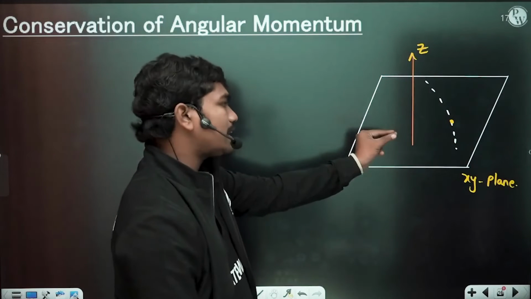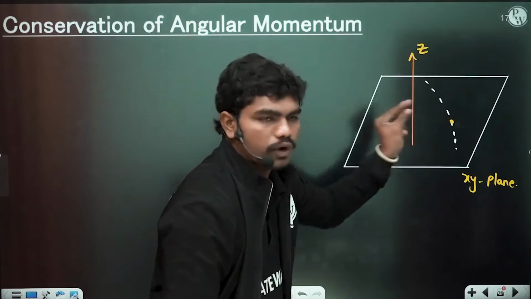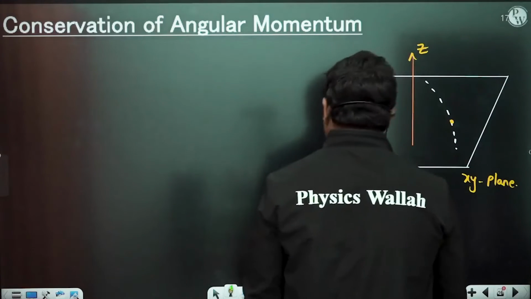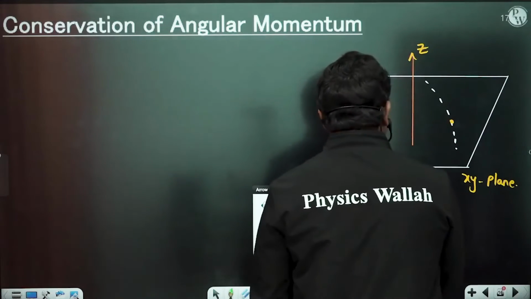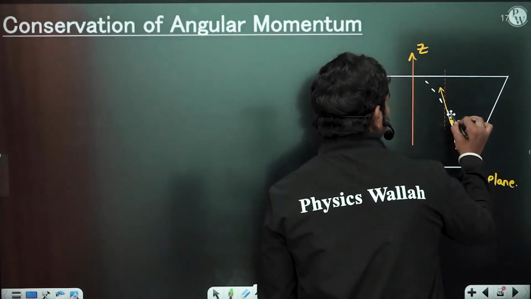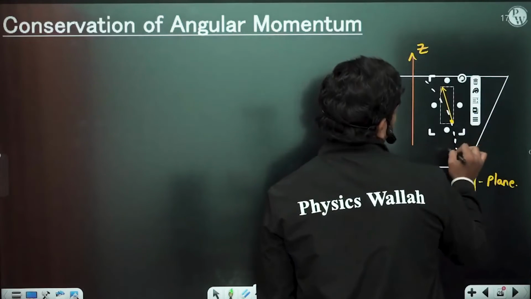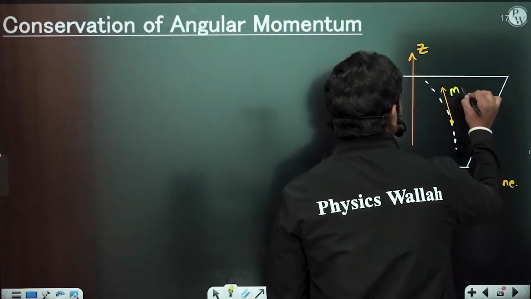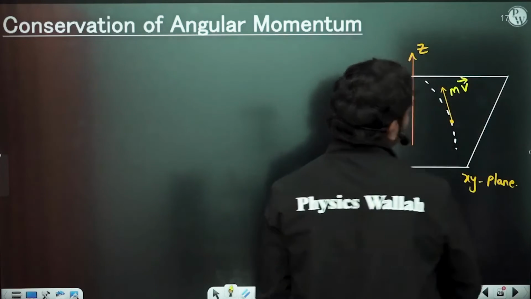I have taken some small particle to identify a small fluid block which is moving at some velocity. The velocity of this particle is something like this, so the momentum of this particle is m v bar.